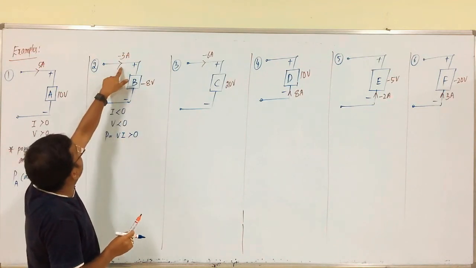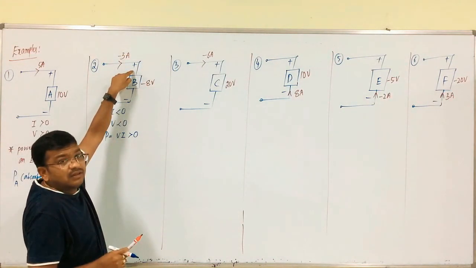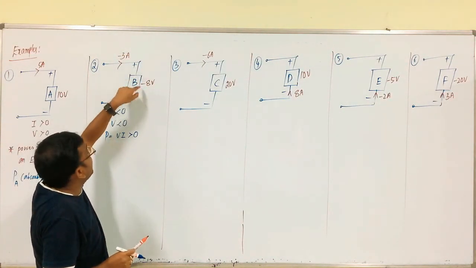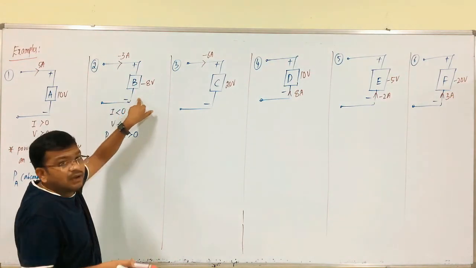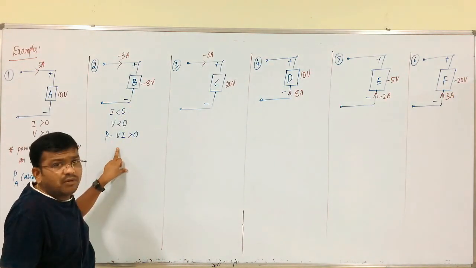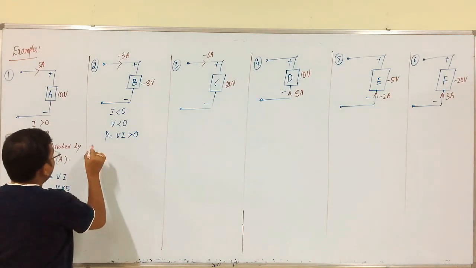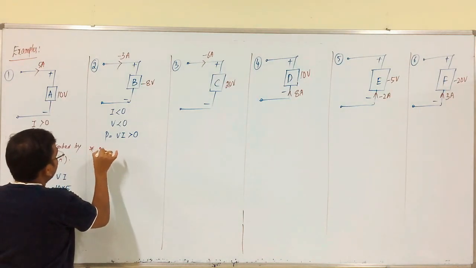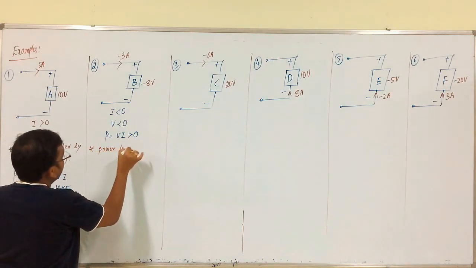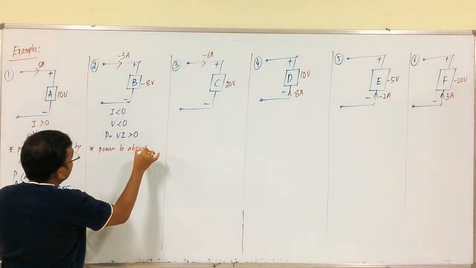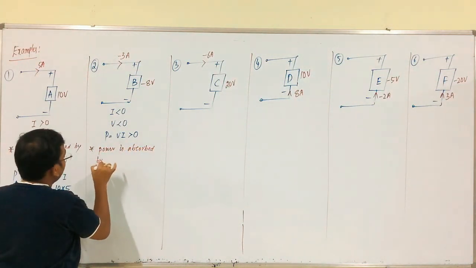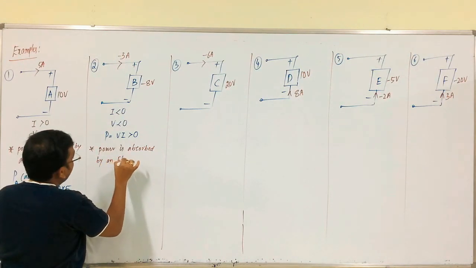Then the current is entering the positive terminal of an element B and leaving from the negative terminal, then the power is absorbed, right. Therefore, power is absorbed by an element B.